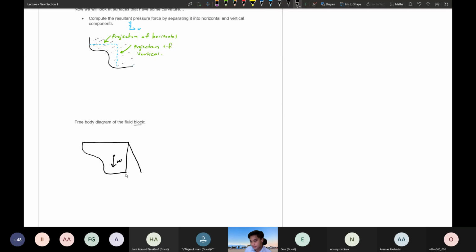Remember, the vertical force will be like this. So definitely we have the resultant force. This is what we call Fx, because it is acting horizontally. Do we have any other forces, everyone? We have this one, horizontal.